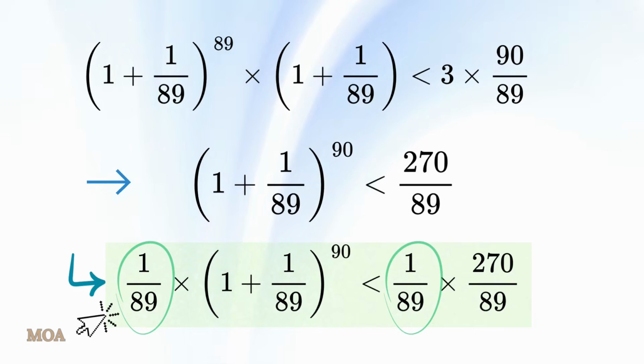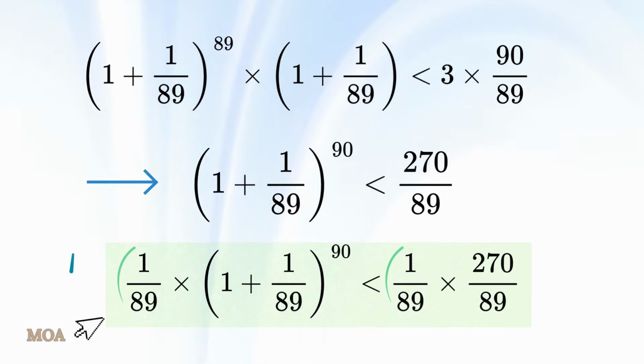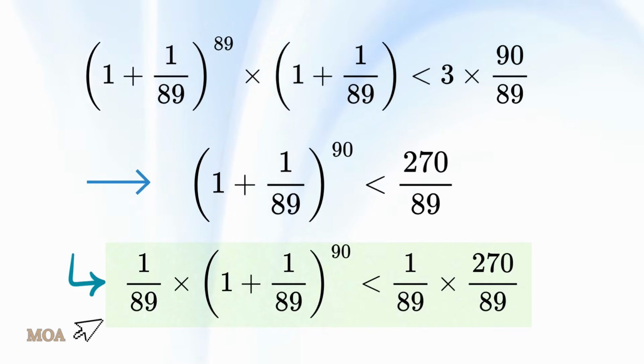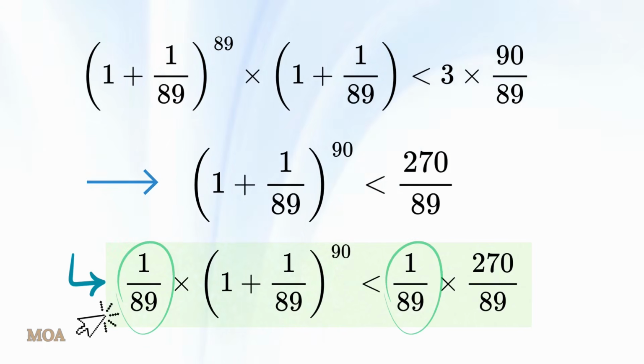Next, we multiply both sides of this inequality by 1 over 89. This yields 1 over 89 multiplied by the quantity 1 plus 1 over 89, all to the power of 90, is strictly less than 1 over 89 times 270 over 89.